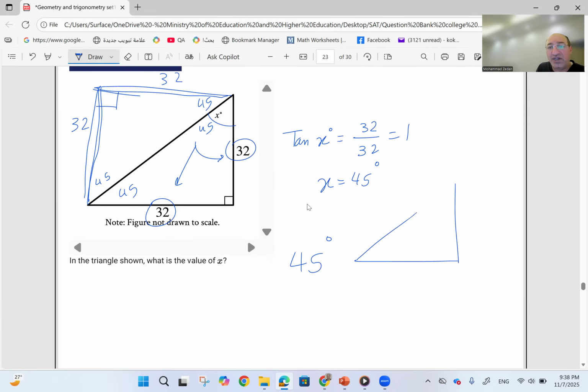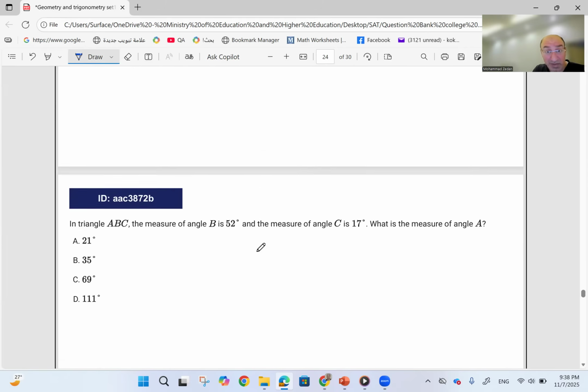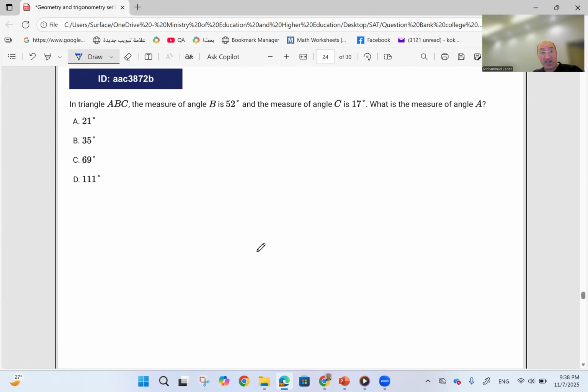Any right isosceles triangle is called a 45-45 triangle, and any 45-45 triangle is a right triangle. And any 30-60 triangle is right as well. These are two famous triangles that have special properties that do not exist in other triangles.